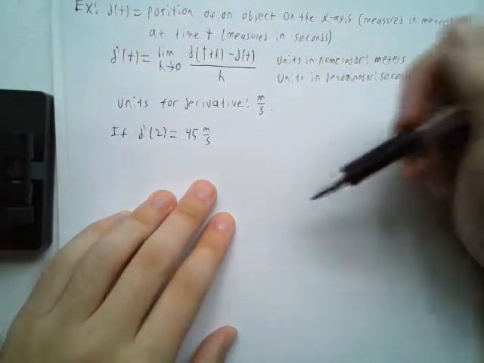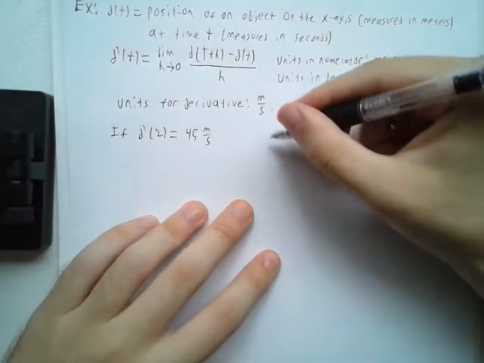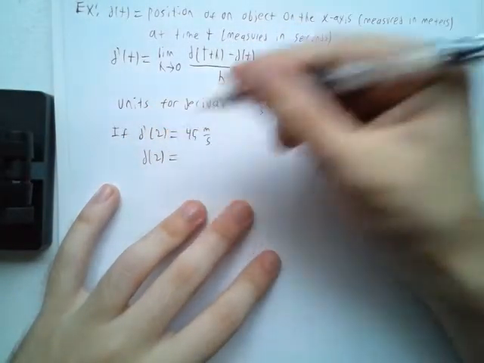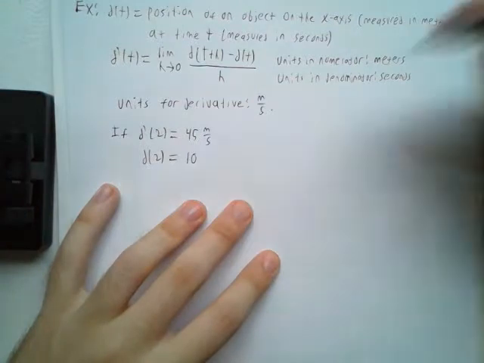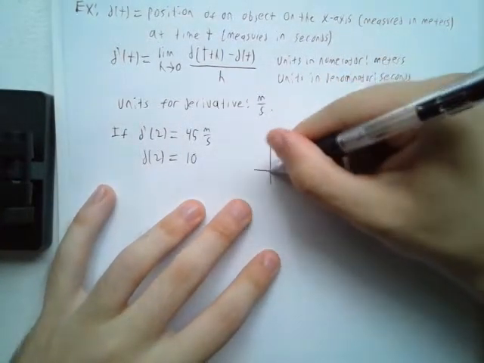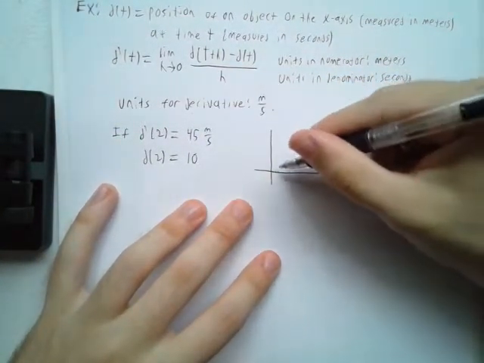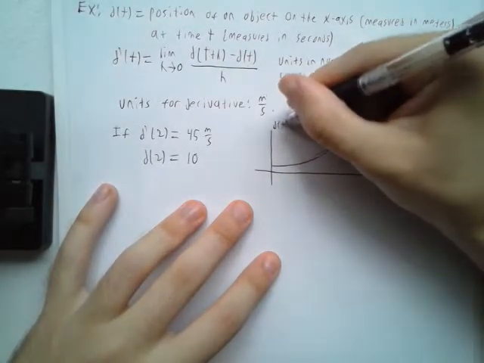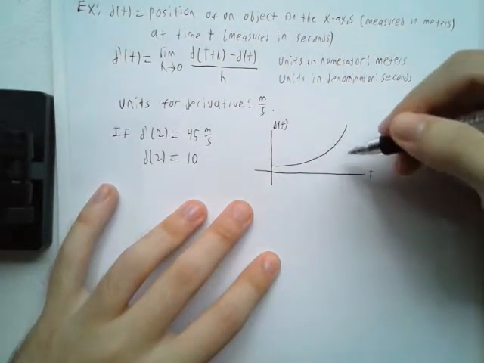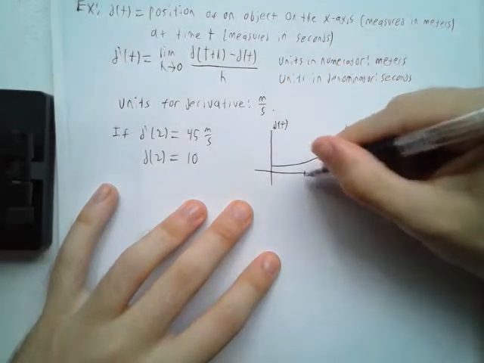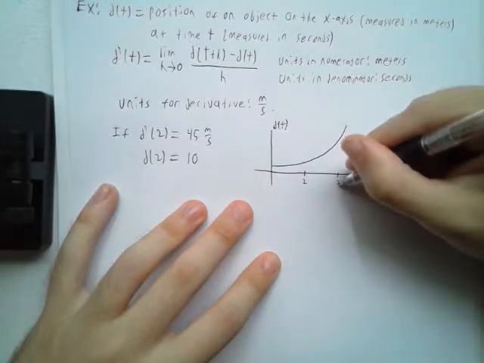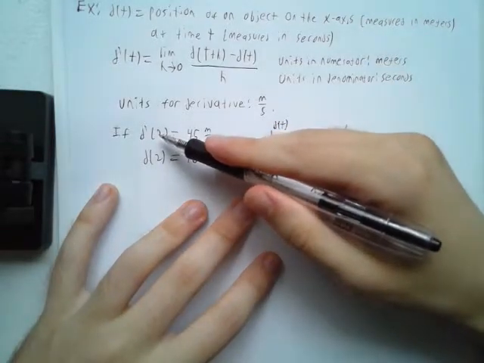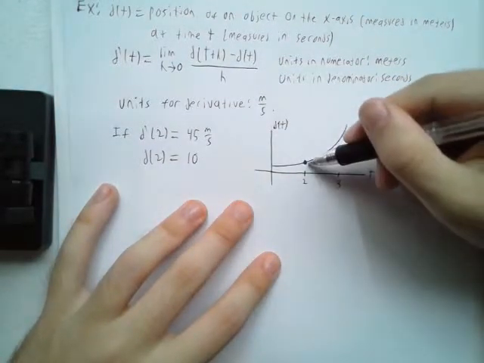So, for example, let's say d of 2 is equal to 10. Then what the graph might look like is something like the following. So this is t, this is d of t, and let's say this is 2, this is 3. So d prime of 2 gives us the slope of the tangent line at 2.